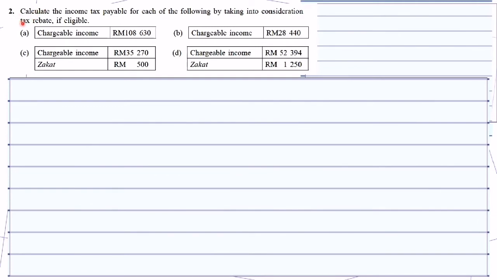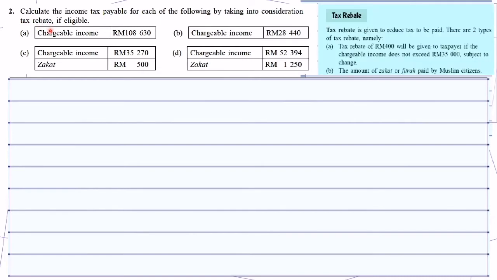After we learn how to calculate the chargeable income, now we are going to learn how to calculate the income tax payable for each of the following by taking into consideration tax rebate if eligible. So now, what is the meaning of tax rebate? Tax rebate is given to reduce tax to be paid.